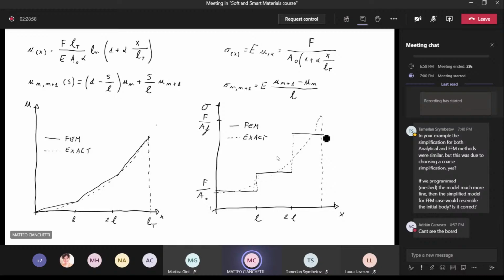And on the stresses, the approximation is a little bit worse because there are steps that are the average of the parts of the exact solution that are considered. Okay, questions? Good.